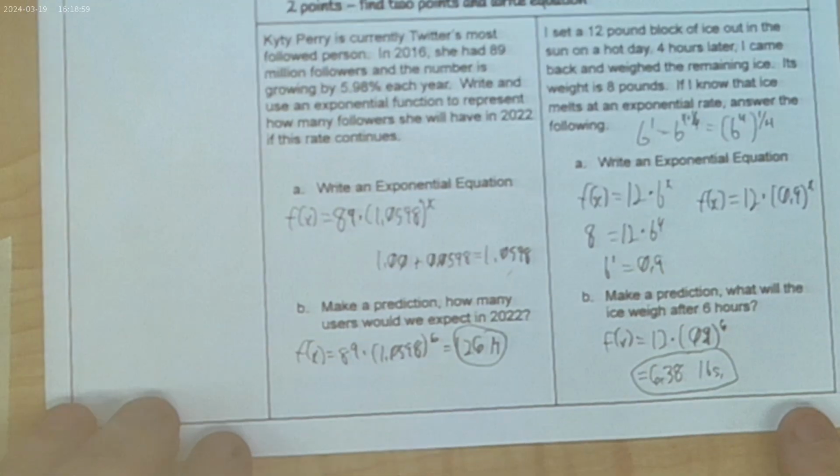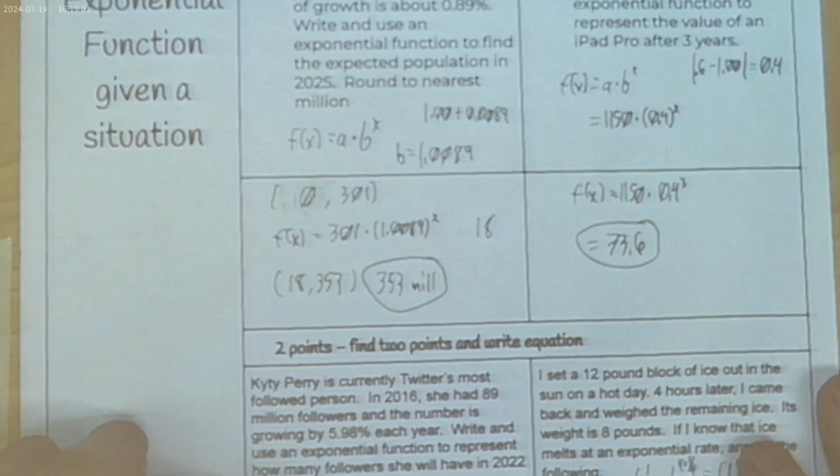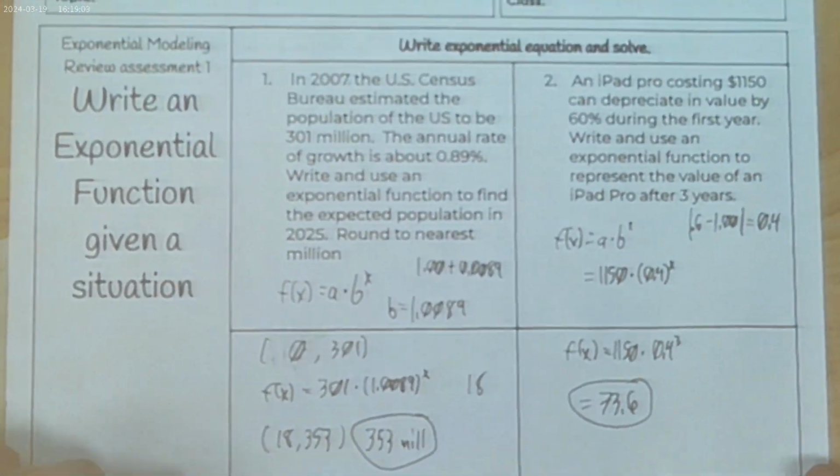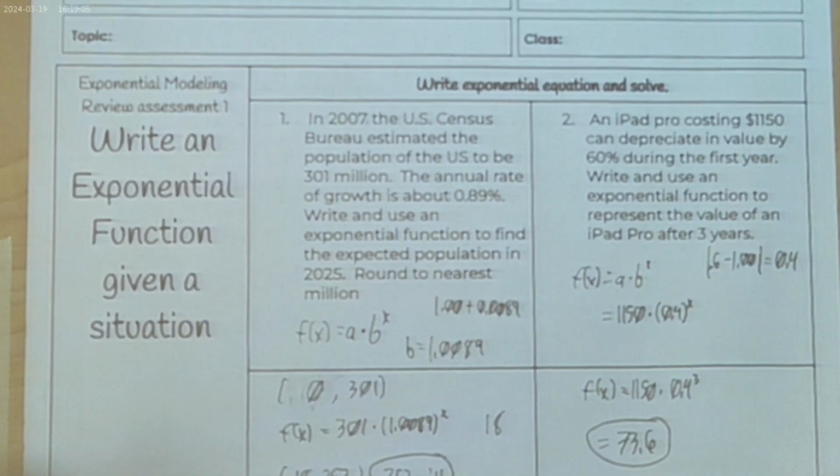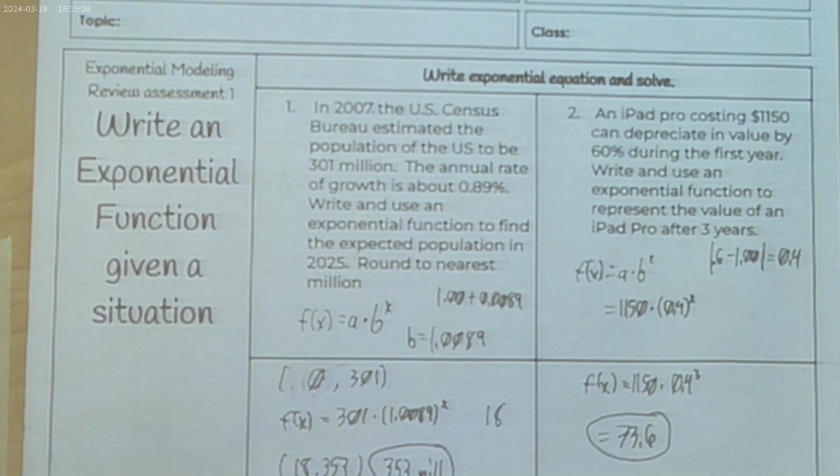And here we go. That ended up being the final part of the worksheet. This was supposed to be part of the curriculum for Unit 2, but this is what we're going to be doing in Unit 3.